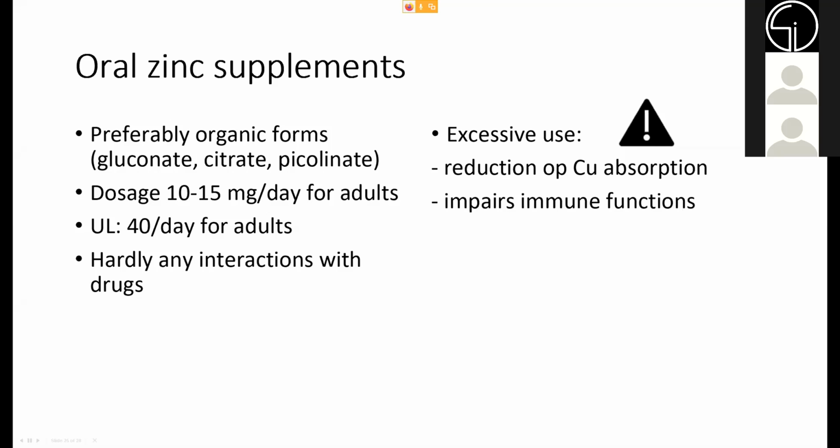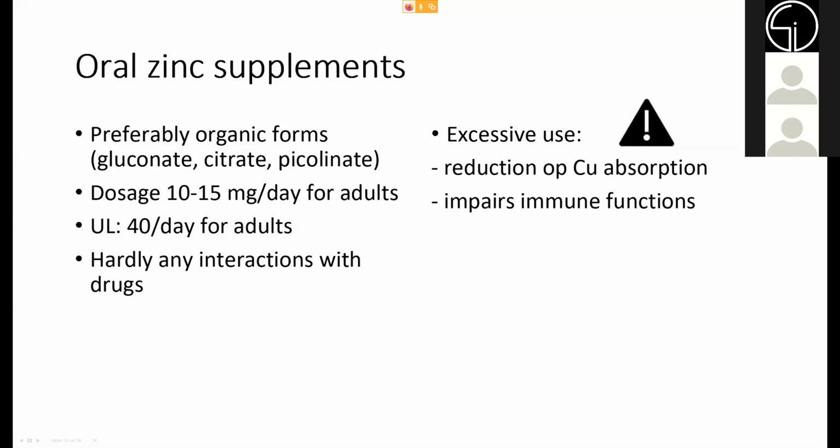In the patients at risk, we should consider oral zinc supplementation for improving the zinc levels, especially patients with overweight, diabetic patients, and patients taking drugs that are lowering the level of zinc.